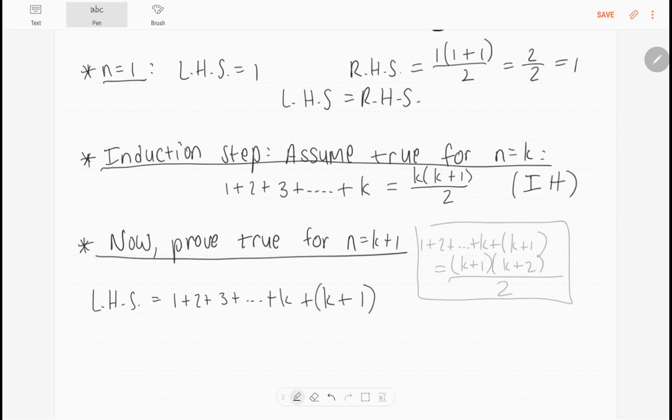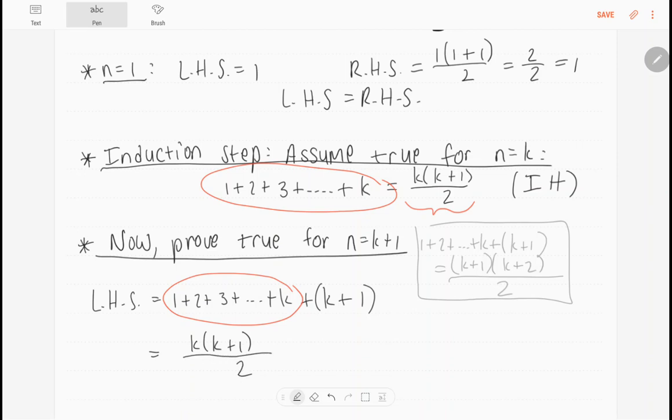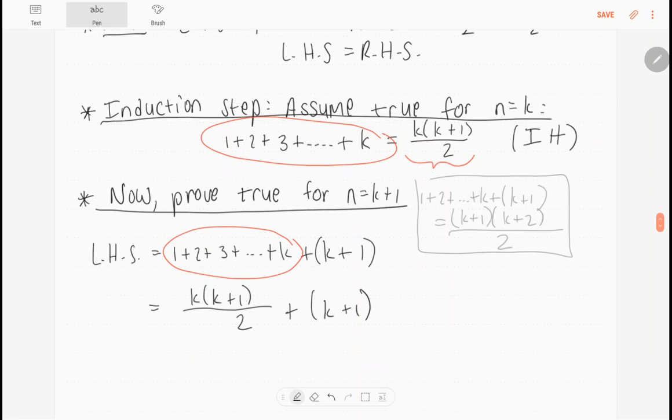Now, from my induction hypothesis, I know that this is equal to k multiplied by (k + 1) over 2. So I'm going to replace this by k multiplied by (k + 1) over 2. So I'm going to say this then equals k multiplied by (k + 1) over 2. And then I still have plus my (k + 1). So this is where I apply my induction hypothesis.